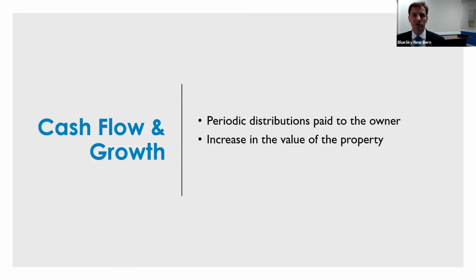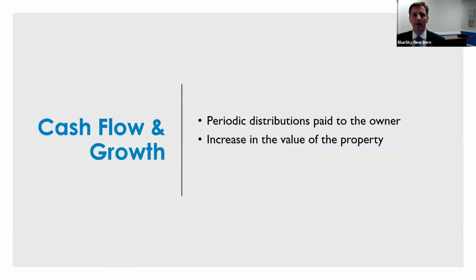The other component to real estate return is the growth, the increase in the value of the property. Now, historically, real estate has increased at somewhat above the rate of inflation. How much depends a lot on the location, some areas more than others, but generally speaking, real estate has shown to increase at least, if not more, the rate of inflation.